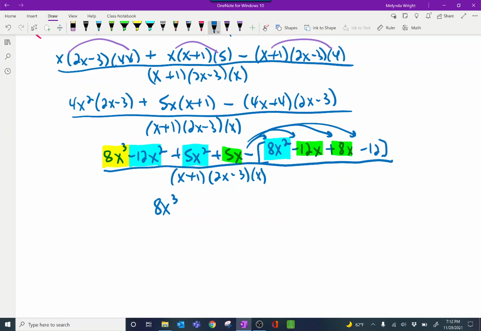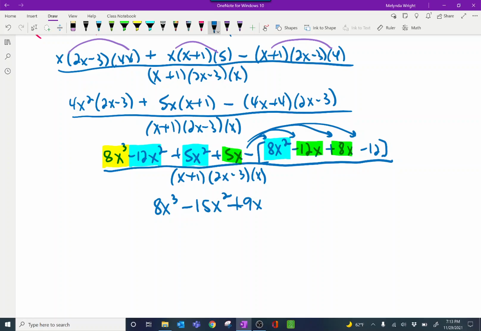So negative 12x squared plus 5x squared minus 8x squared gives me a negative 15x squared. Okay, got rid of the blue ones. Now let's work on the green ones. I've got 5x minus a minus 12x. 5x minus a minus 12 would be plus, so that would be 17x. 17x minus 8x would be 9x.